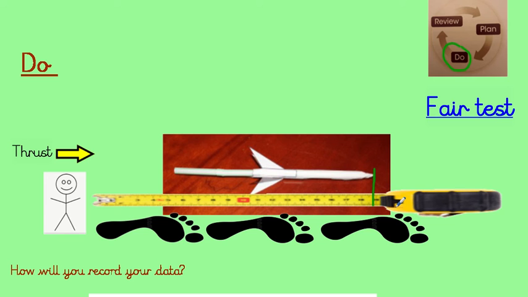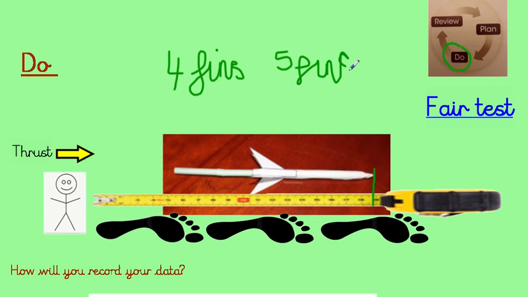You'll need to repeat that then at least 4 times. You might even decide to put 5 fins on there or 6 fins on there. But you need to repeat at least 4 times, each time adding your fins on and measuring accurately.